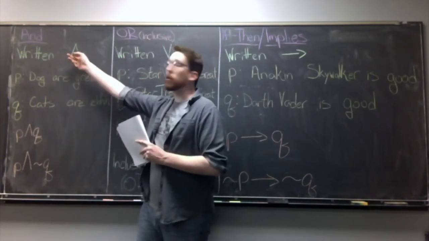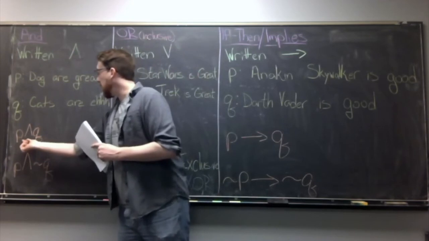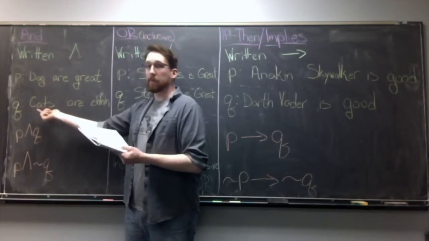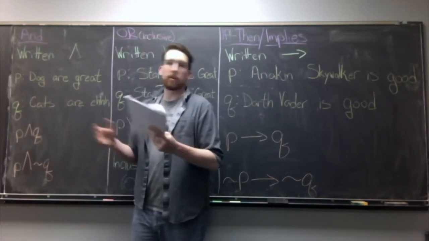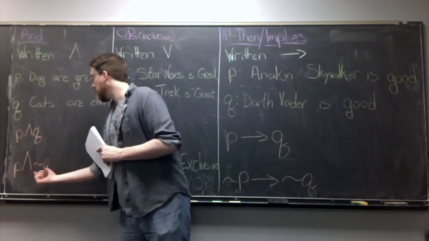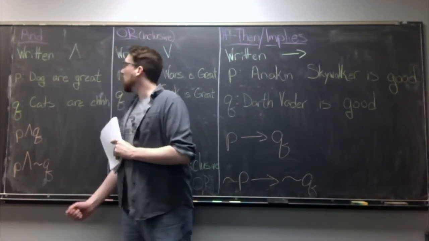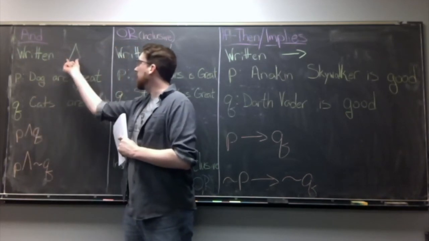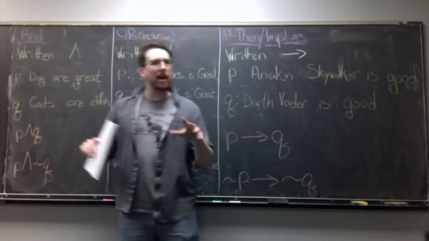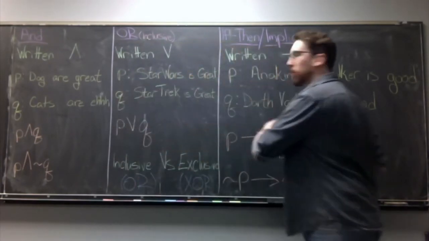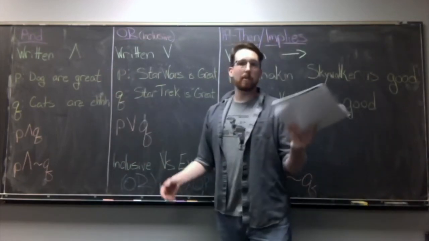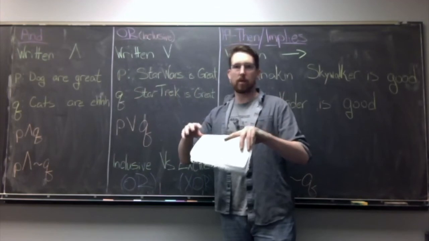Then to combine the two using and, we would have P and Q representing the statement "dogs are great and cats are eh." In the case of the statement P and not Q, we would have "dogs are great and cats are not eh." So this is kind of the idea that we're going to be seeing all the way through this. It's really not overly difficult. We're just going to be saying, we've got statement 1, statement 2, and this thing in the middle that connects the two.